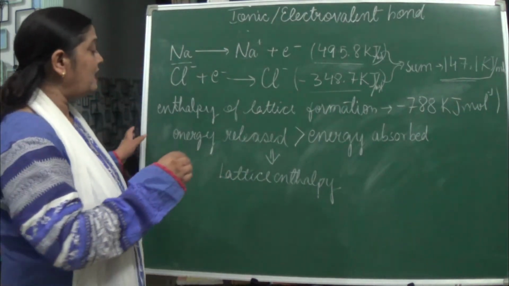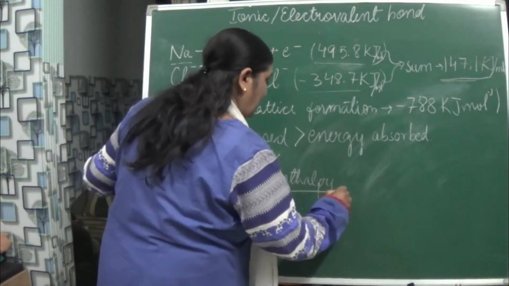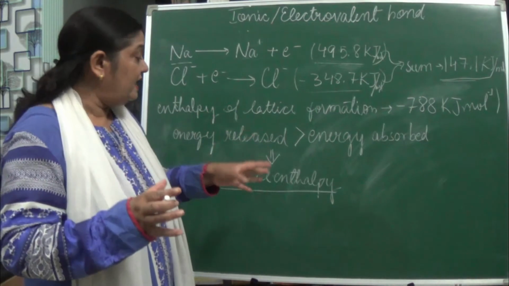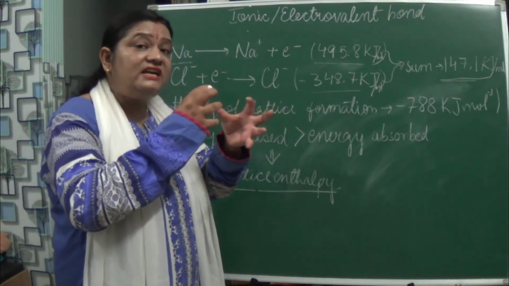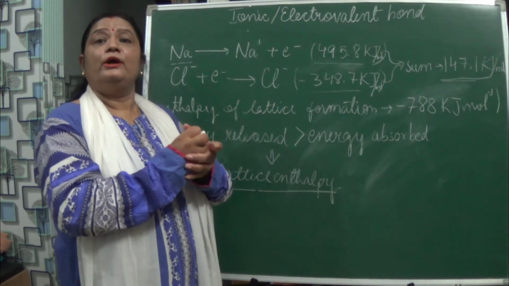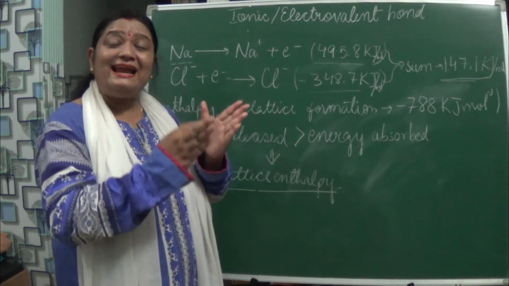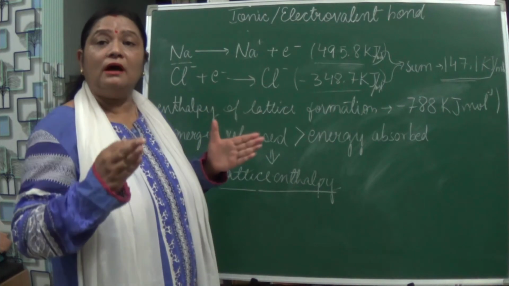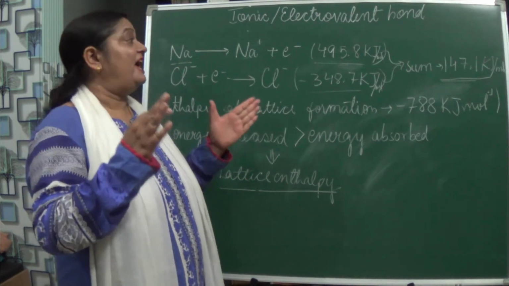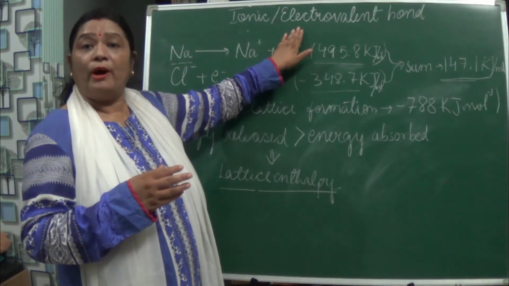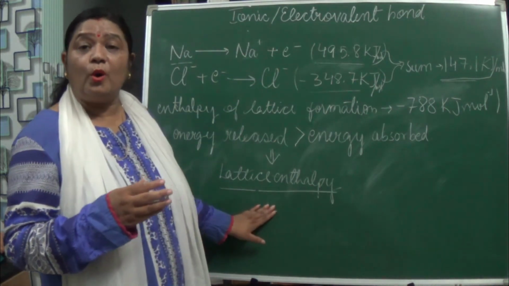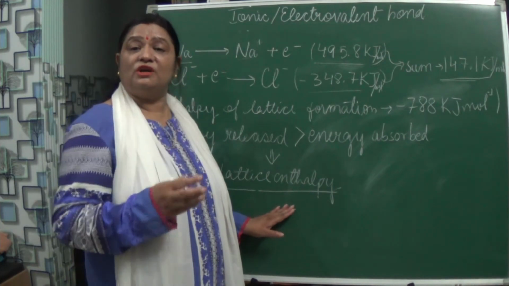Now let us understand this word, lattice enthalpy. What is lattice enthalpy? It is the energy required to break or cleave the compound into its elemental form, and that happens in the case of an electrovalent bond. Here a metal reacts with a non-metal.